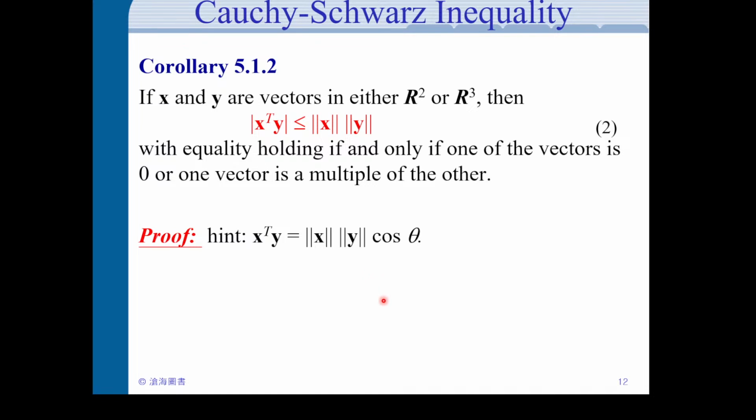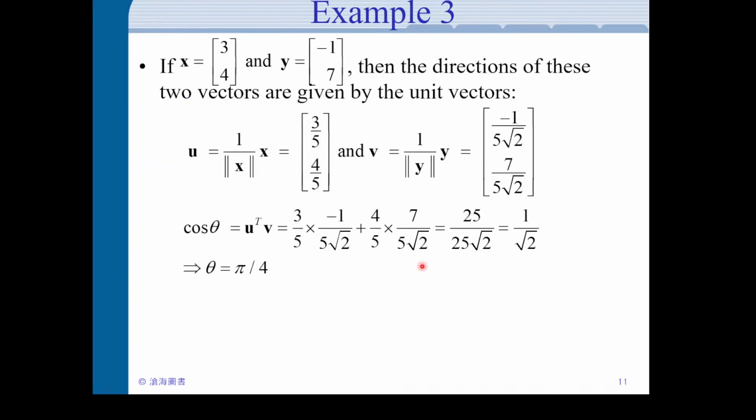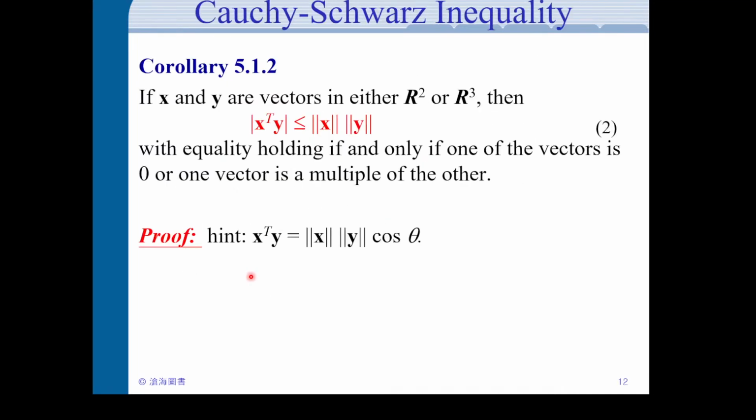And you can also have an if and only if condition here. If the absolute value of cosine theta equals 1, then you want u inner product with v to equal 1 or minus 1. Either way, to see it, we want this equality to hold.